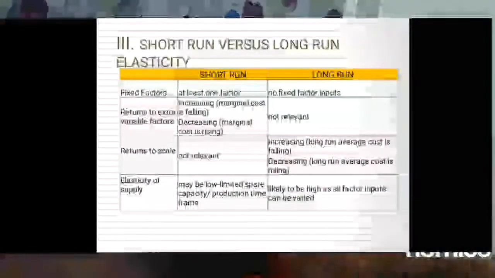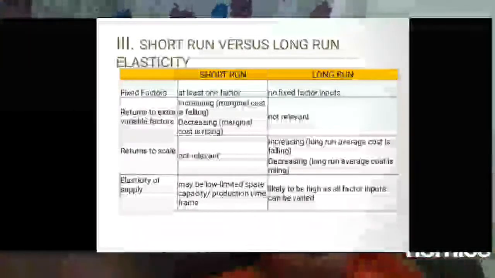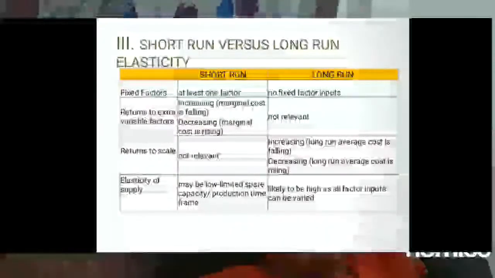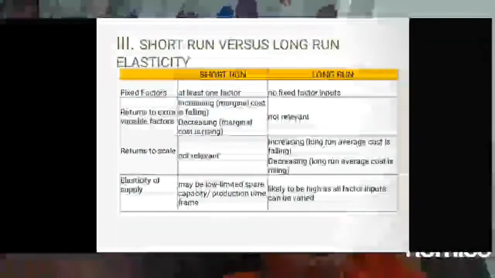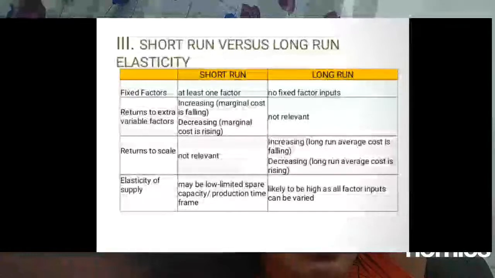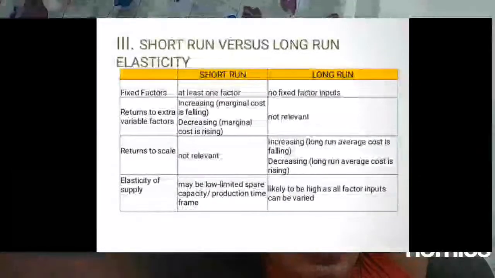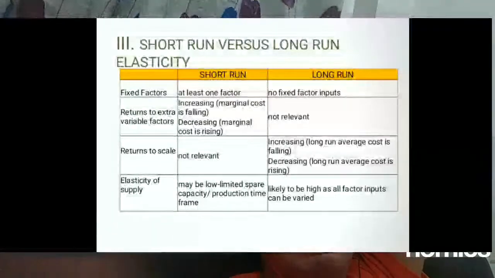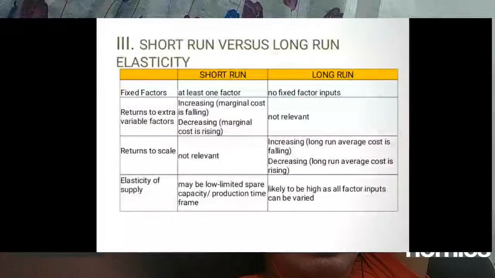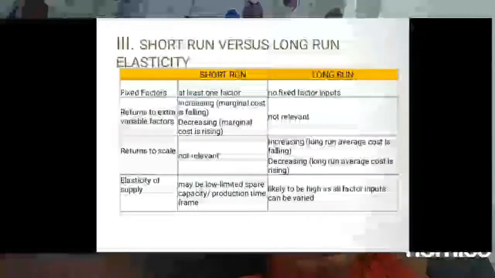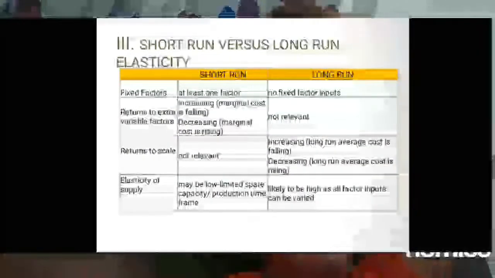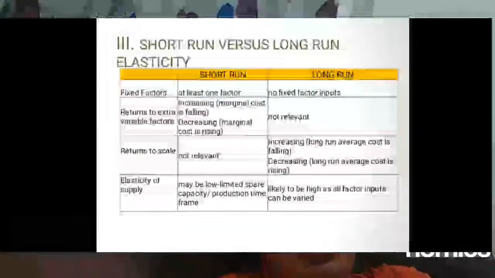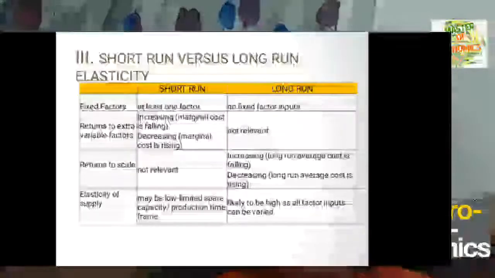So check that out under the long run elasticity. Now, in the elasticity of supply, under the short run, may be low limited spare capacity and or the production time frame. Okay, under the short run. But in the long run, it's likely to be high as all factor inputs can be varied. Okay, so this pertains to the short run and the long run elasticity.